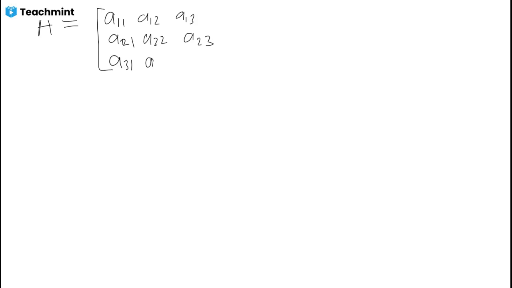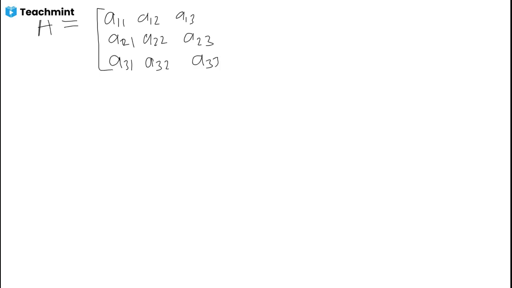How? Because we form this polynomial equation, or you can say characteristic equation. Suppose we have a square matrix of 3 by 3 order, and E31 means the element of the third row and first column.